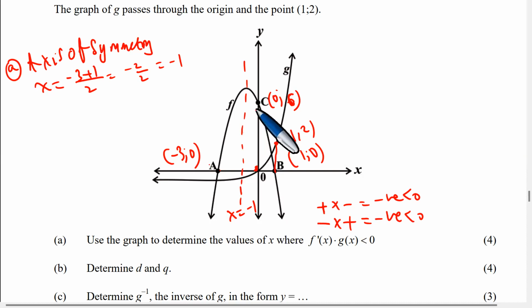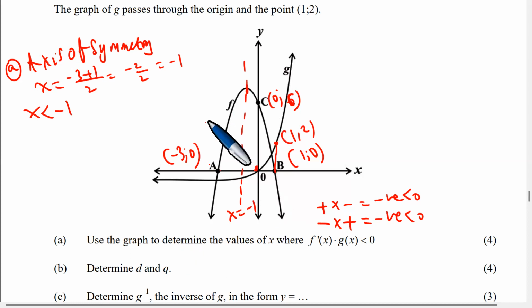There's a part where this derivative is positive and the function is entirely negative here. The slope is positive. So in other words, from what point? From the axis of symmetry. So x less than minus 1, because this is minus 1.